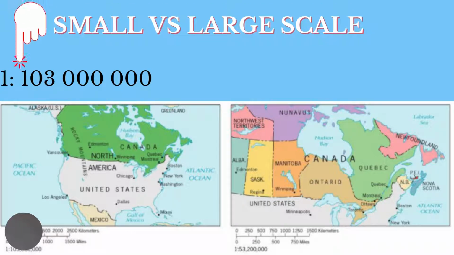However, notice also that we are not able to see the details of the political divisions within each country. Also, notice that the scale, which is here expressed as a ratio or representative fraction, has a larger number to the right of the colon.